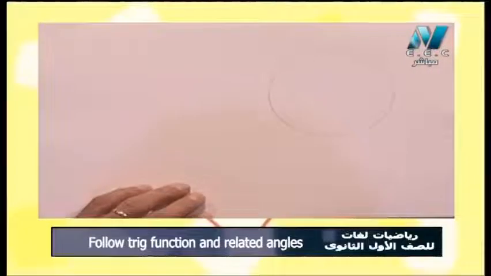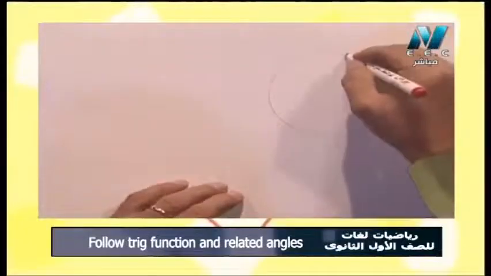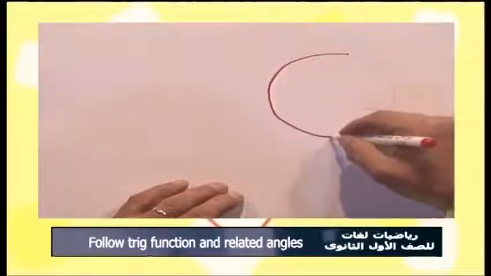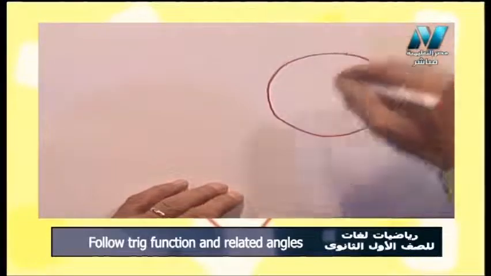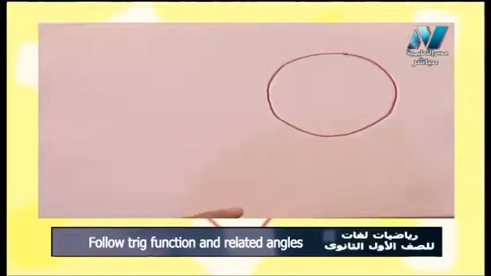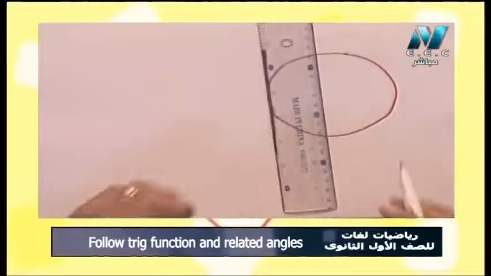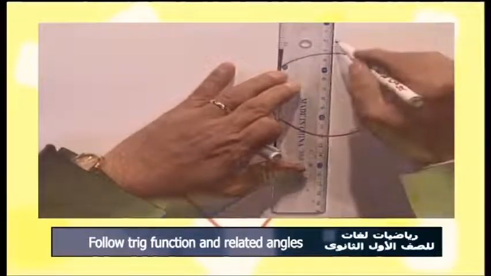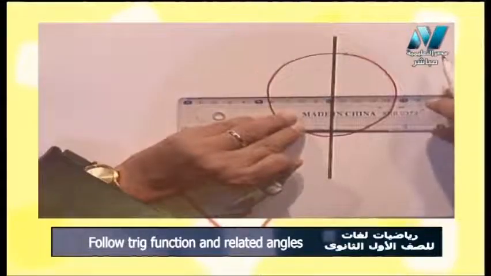So if we have, again, the unit circle here, this is the circle, yes, and we have the y-axis like that, the vertical line, and the x-axis here.